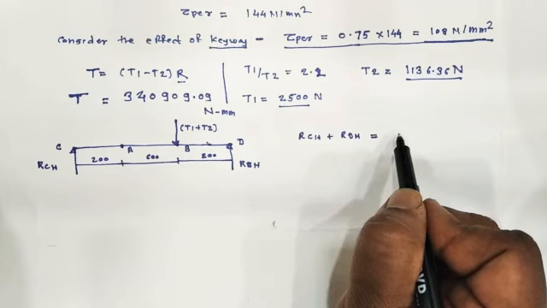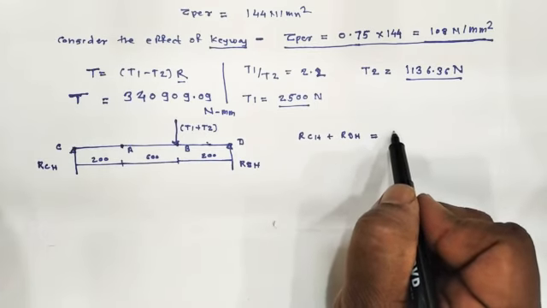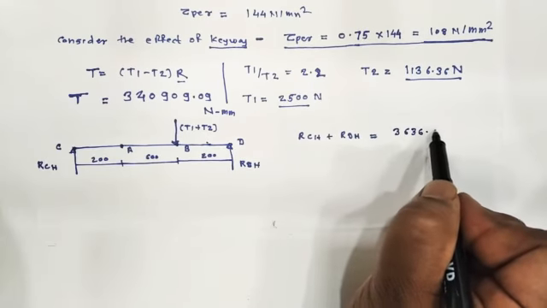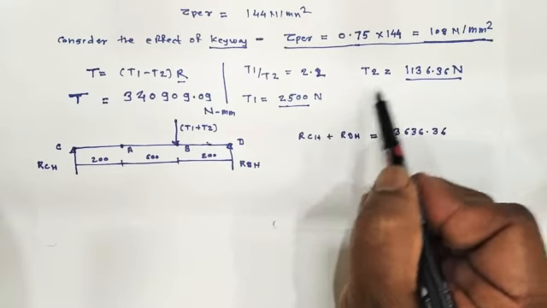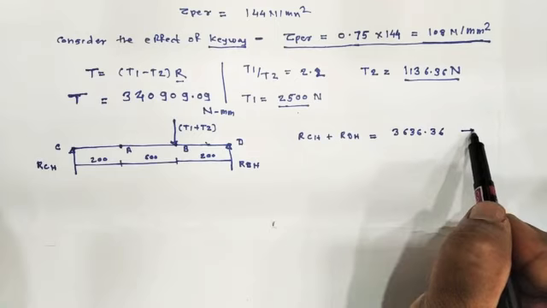Make the summation of T1 plus T2, and we have the summation of T1 plus T2 as 3636.36. If you make the summation of T1 and T2, that equals this one. So we name this as equation number 1.